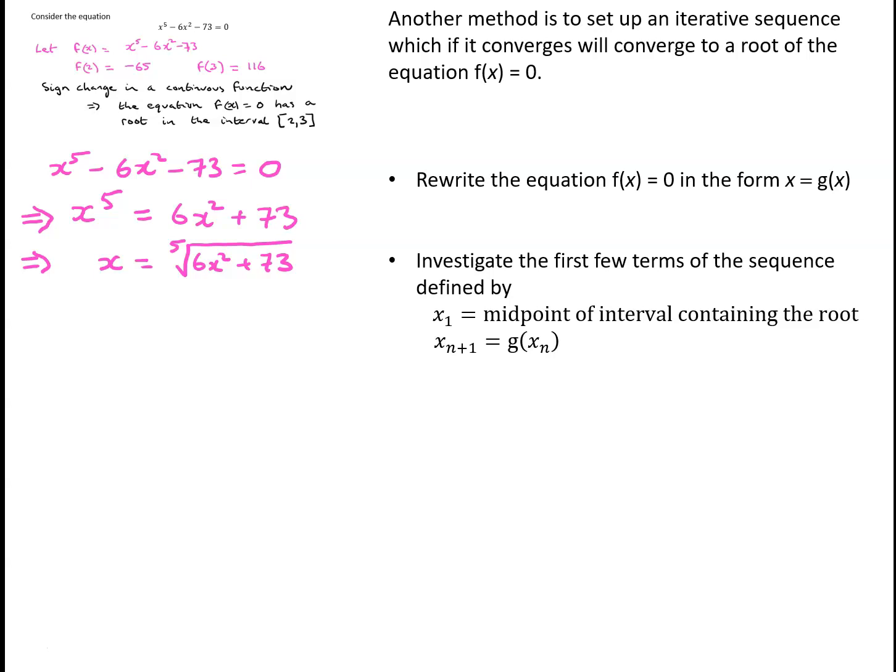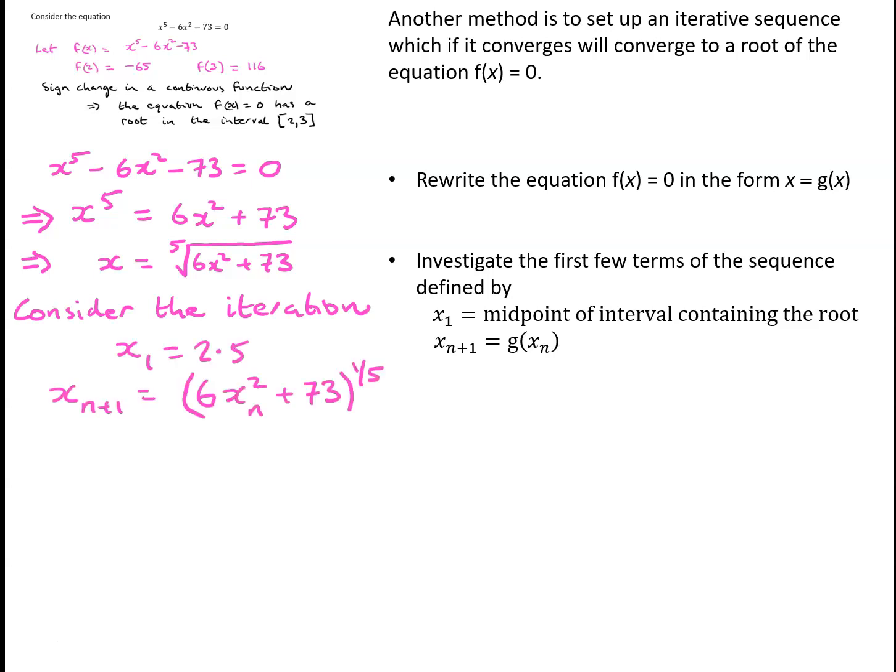And then the next term in the sequence is simply g of the previous term. We're going to consider the iteration x1 equals 2.5 and x(n+1) is (6 xn squared plus 73) to the power 1/5. In other words, it's the fifth root of 6xn squared plus 73.